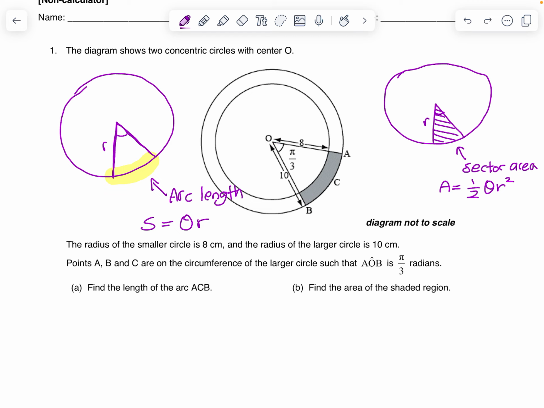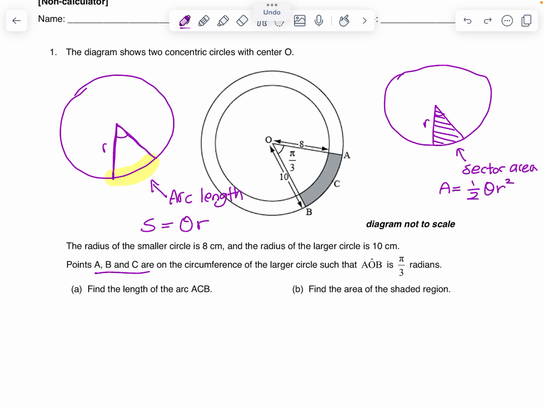And then points A, B, and C are on the circumference. That means that is the arc. And we have AOB is pi/3, so this is pi/3 radians. So this shows that we do not have to convert to degrees since it's already in radians.